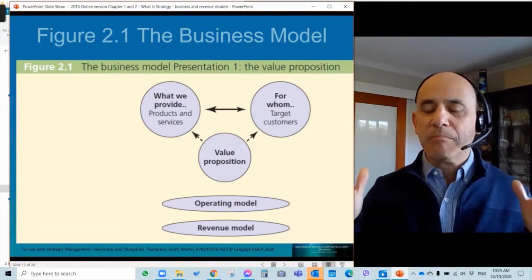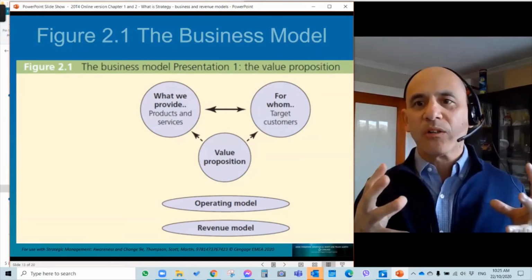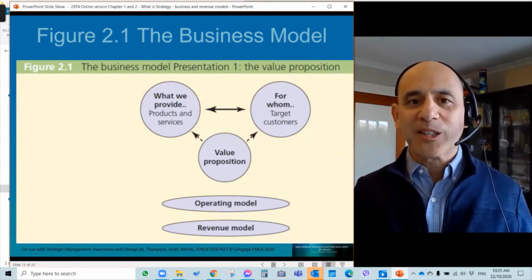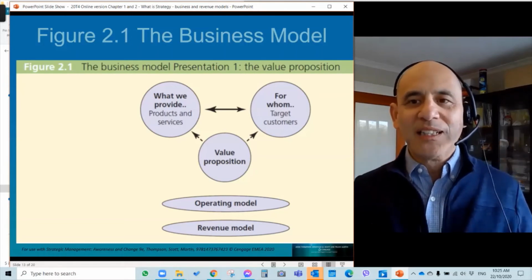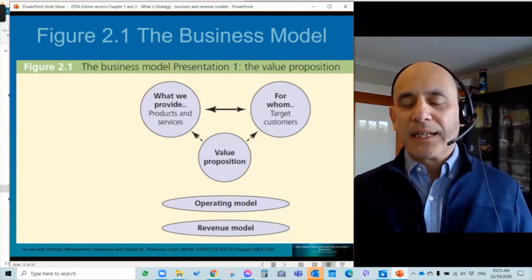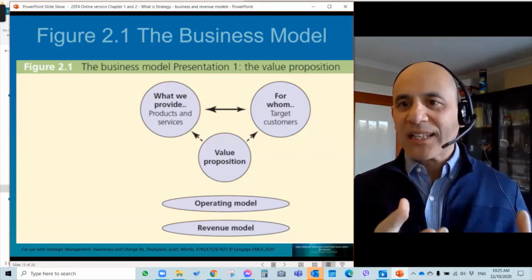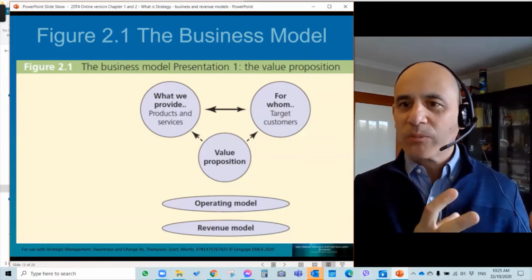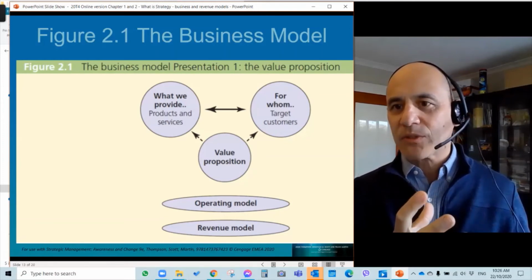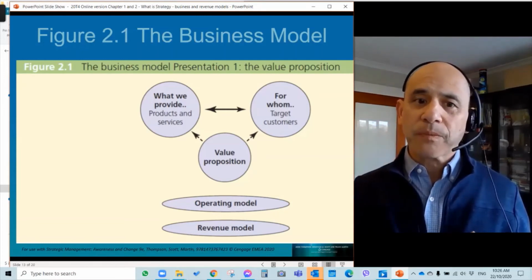Probably a really important part of this unit, because the business model really determines our strategy. And if you think about it, if you don't have a good business model, then the business doesn't have a chance of surviving. And again, the essence of that is knowing what we are selling, what product, whether that's a tangible product, something we can touch, like an iPhone or a Galaxy smartphone, or whether that's an intangible product like a service.